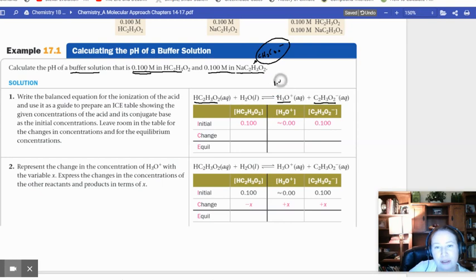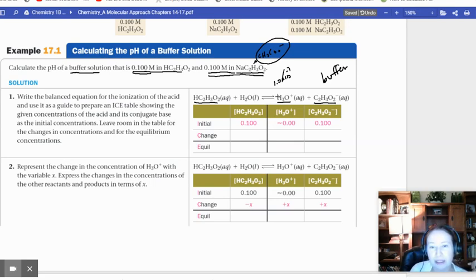Remember, it's actually 1 times 10 to the negative 7, but that's a tiny amount, so we could say it's basically 0. So we're going to ignore this. Because it has reached equilibrium and this is a buffer, I actually start with this amount of my acetate ion. So I start with 0.1 on both sides. This is going to be a good buffer because they're present in equal amounts.